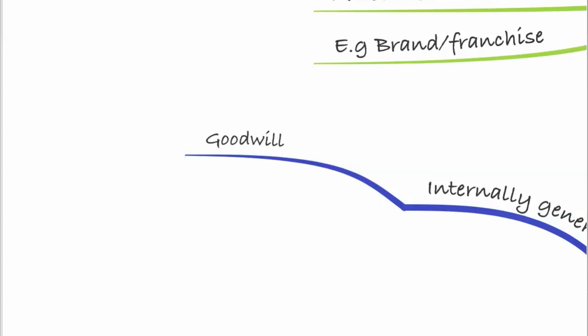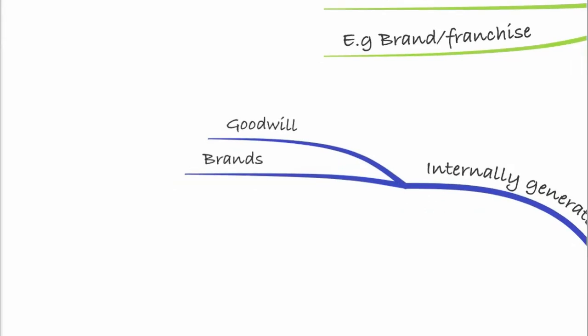because it's internally generated. If someone came along and bought our business, they could capitalise it because they had purchased the goodwill. But if we internally generated it ourselves, we can't. Another one of those is internally generated brands.